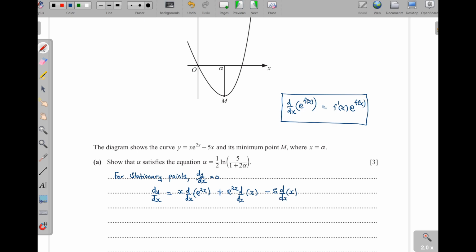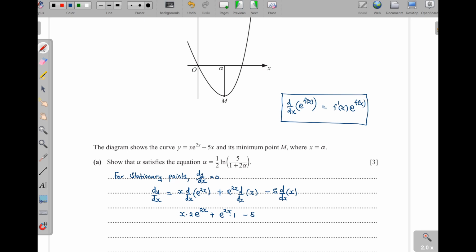Okay, so what do we get here? When I differentiate this, just like what we said here, you are going to get a 2. Then that 2 multiplied with that function. You see that? Then next, you differentiate here, of course you get a 1, so we get e to the power of 2x, and maybe times 1. And then here we shall get 5, of course, times 1.